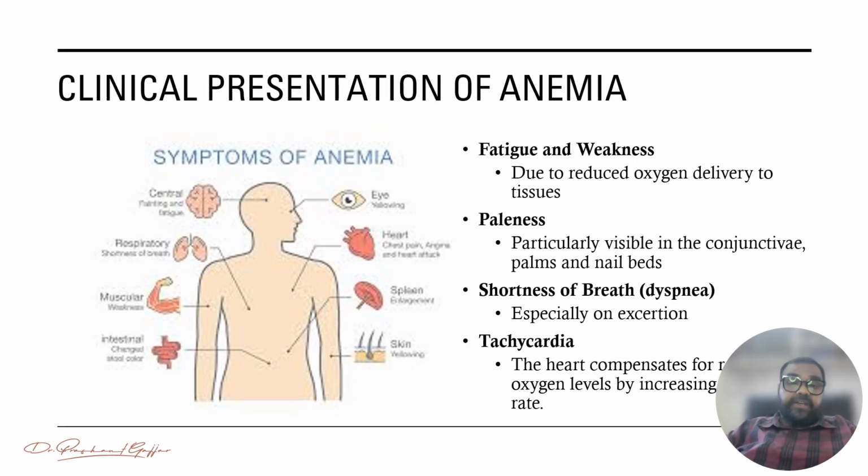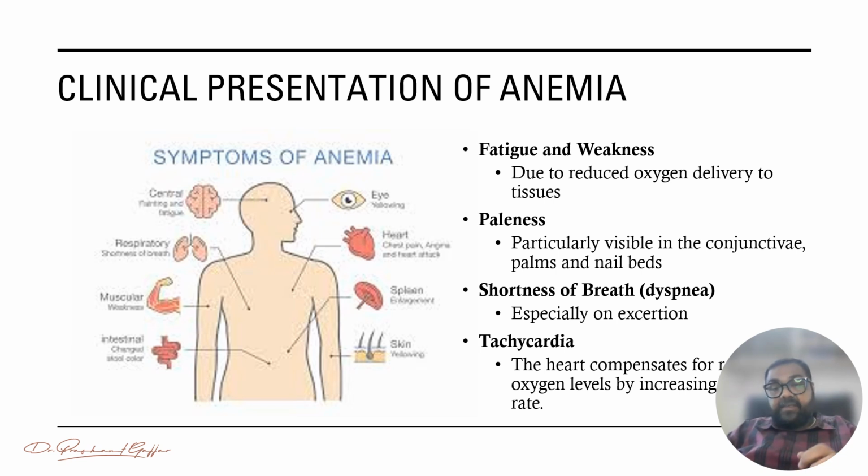So due to the reduced oxygen delivery to the tissue, because there is a low level of Hb, which is not responsible for proper oxygenation, right? So there will be fatigue and weakness that we find in the patient. There will be paleness, particularly visible in the conjunctiva, palm and nail beds because of the low RBC.